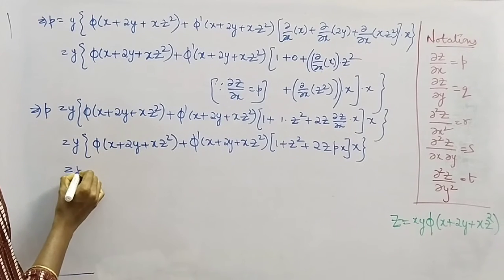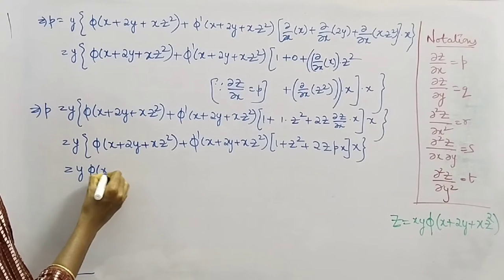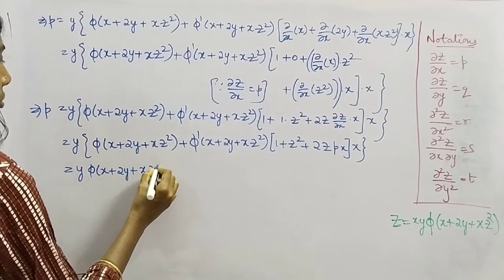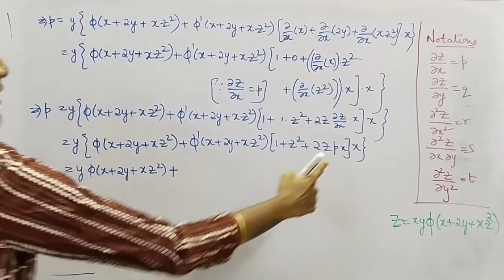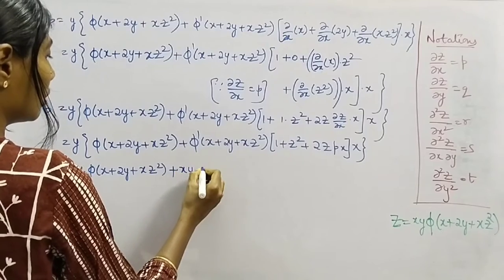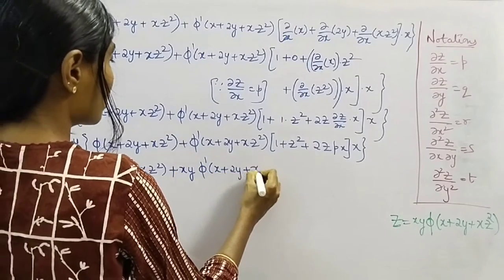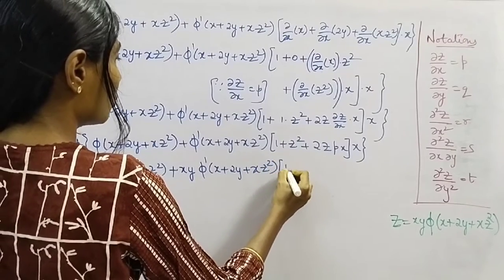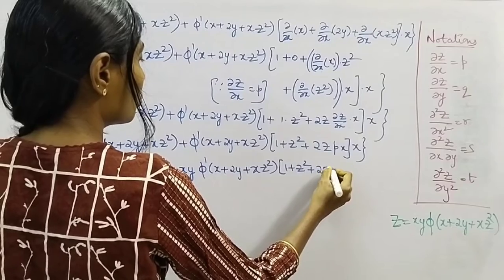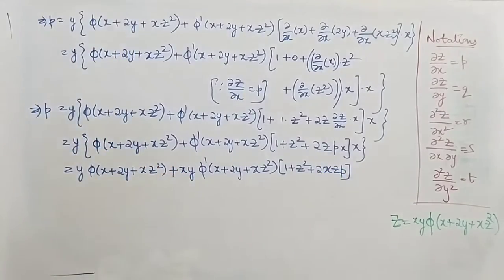Okay, which gives us y times phi of x plus 2y plus xz square plus xy phi dash of x plus 2y plus xz square into 1 plus z square plus 2xzp, or 2pxz, whatever. Okay, clear, right?